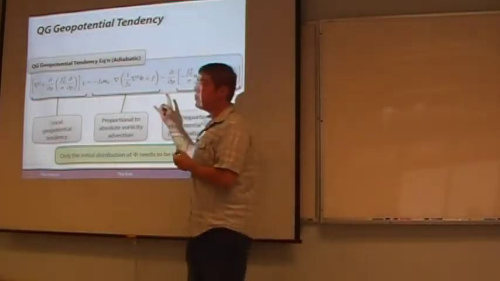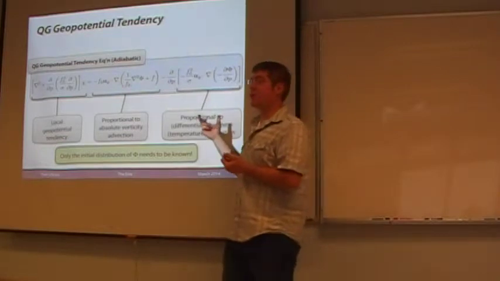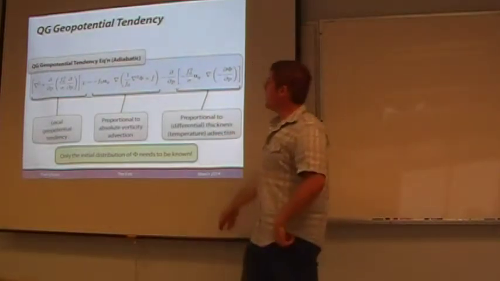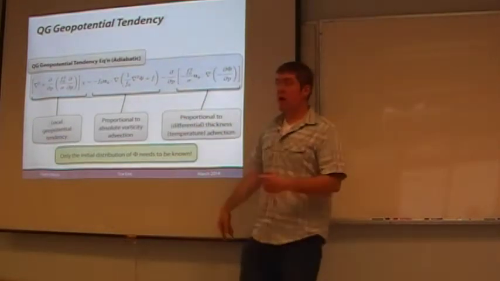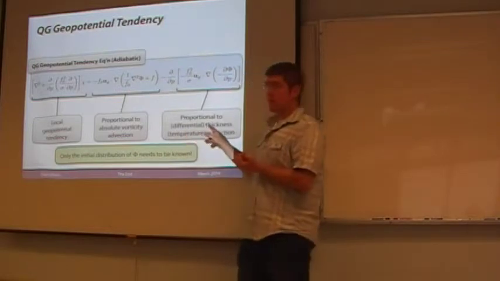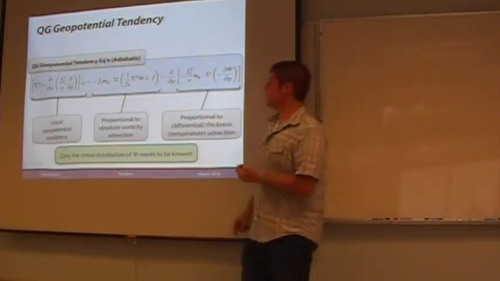So this can then be used as a forecasting equation in order to find how the geopotential is evolving with respect to time. And the geopotential tendency equation, we found, basically consists of two terms. Here the diabatic term has been neglected from the equation.